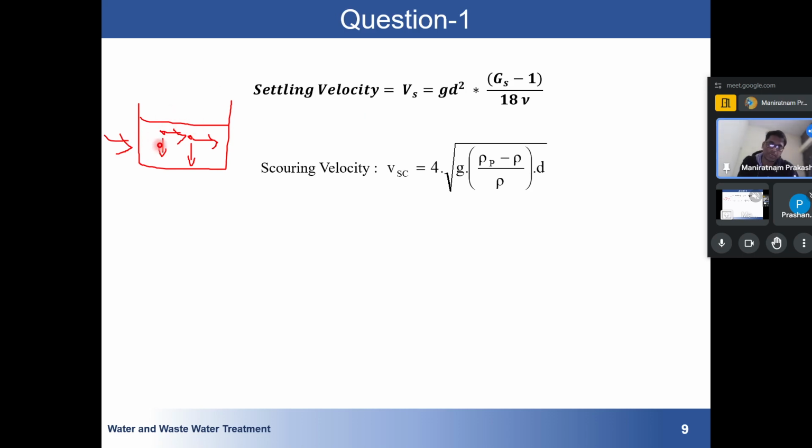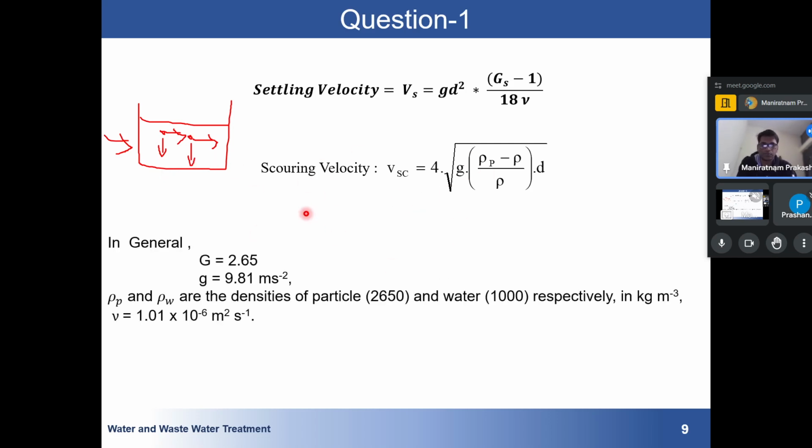We have to maintain the horizontal and vertical velocities so that as soon as particles enter the tank, they settle down here.